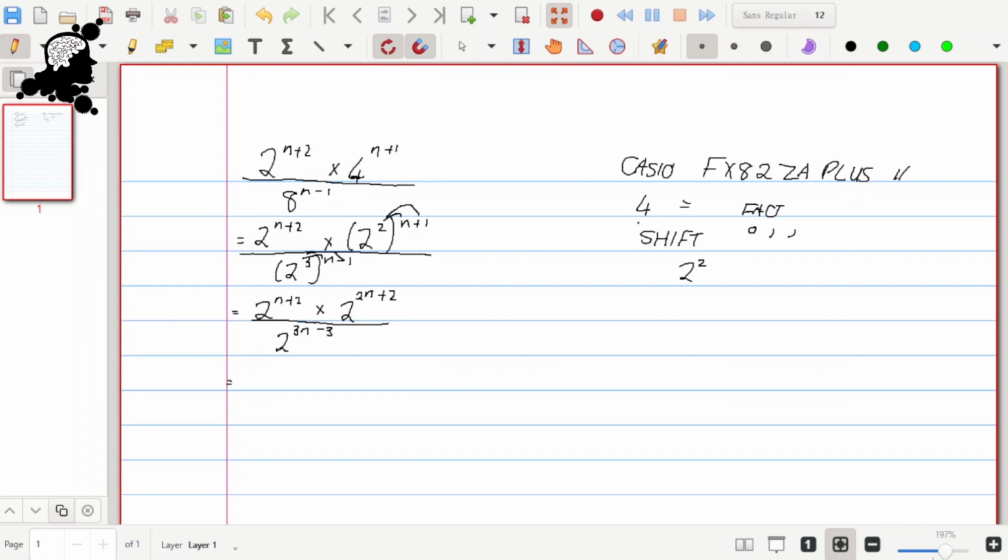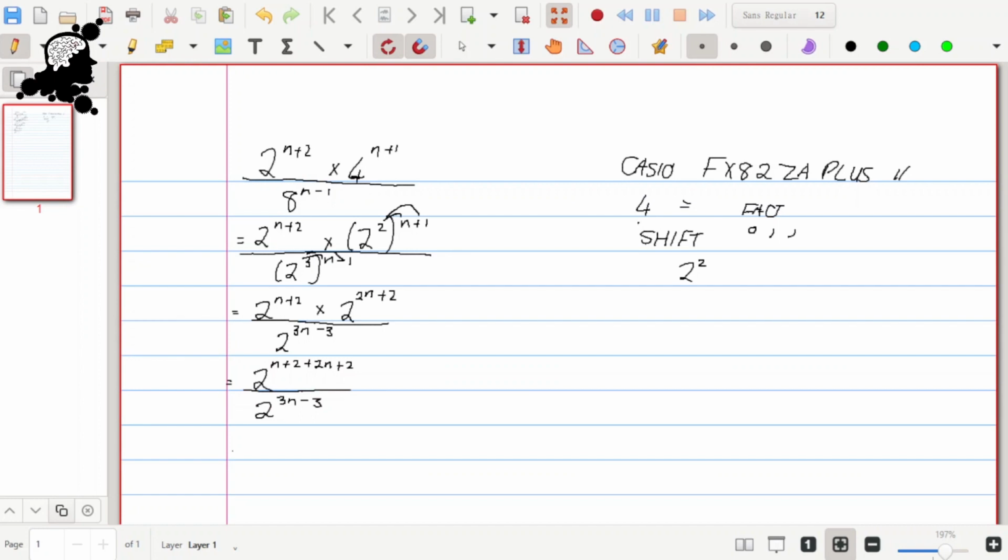Okay. Now we will notice on the numerator we are multiplying numbers of the same base. We said when we multiply numbers of the same base we have to add the exponents. So this is going to be 2 to the power n plus 2 plus 2n plus 2, all over 2 to the power 3n minus 3. So what did we do here?